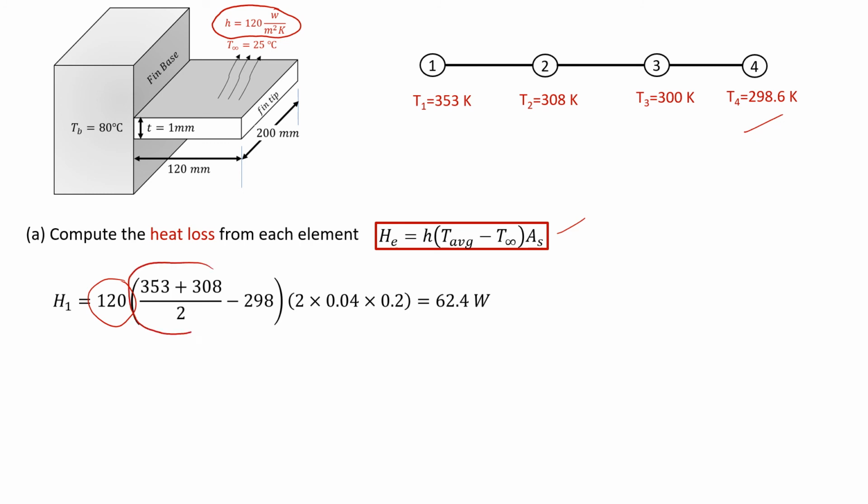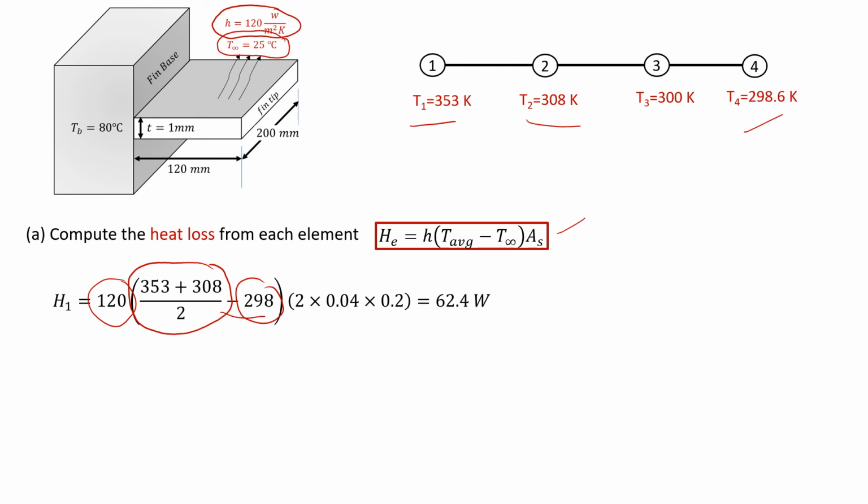In this case, the T average is taken from the average of the temperature in element 1, which is between T1 and T2, minus the ambient temperature, which is also taken from the information given. There is the value 25 degrees Celsius. And of course, in this case, we have converted it into Kelvin unit.